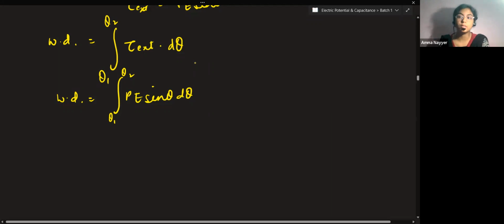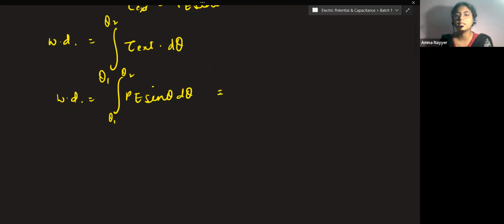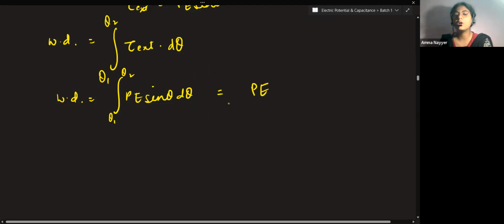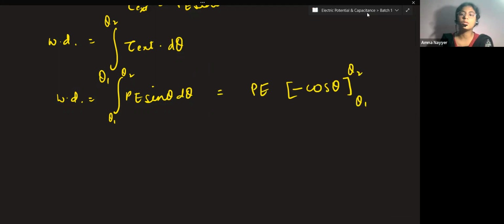Minus cos theta. All right, minus cos theta. So PE are the constants that will come out. Integration of sin theta gives minus cos theta, limits from theta 1 to theta 2. It's not just cos theta, it is minus cos theta.